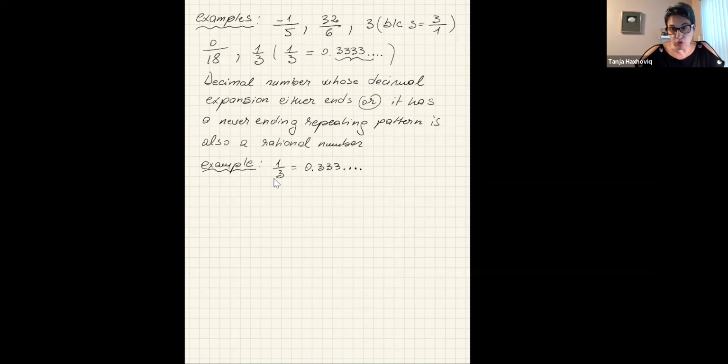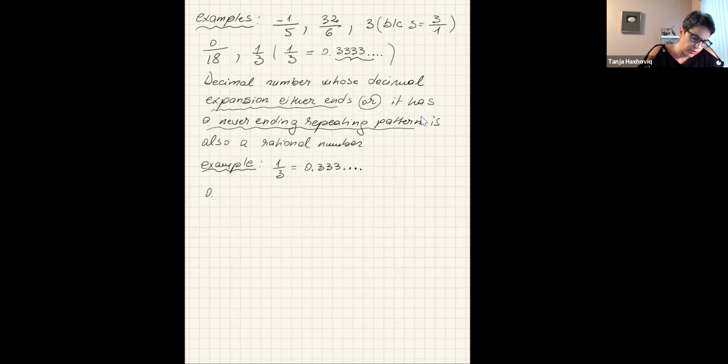So rational numbers come in two flavors. They may look like fractions or like decimal numbers. Keep in mind, if they look like decimal numbers, they have to have these two properties: the decimal expansion either ends or it has a never-ending repeating pattern. So if it's a decimal, it should fulfill one of those two conditions.